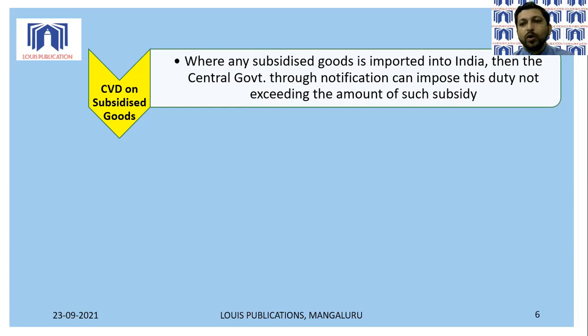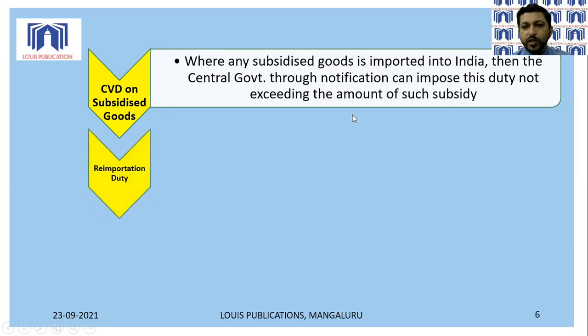Then the government through notification will levy countervailing duty of 12,000 rupees because it is on subsidy that the goods have been imported into India. So whatever is the amount of subsidy given, that amount will be the countervailing duty. So through notification, the central government can impose this duty not exceeding the amount of such subsidy.